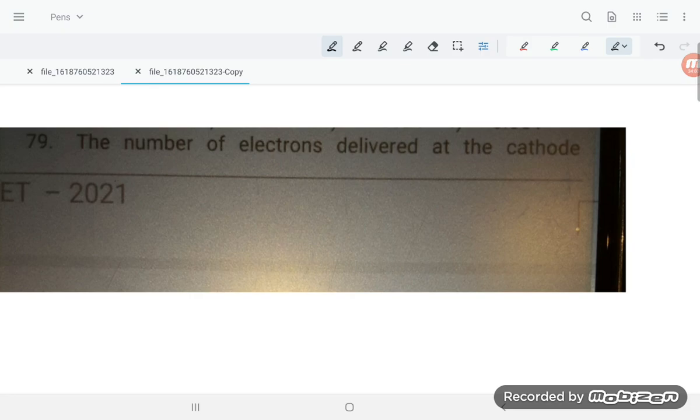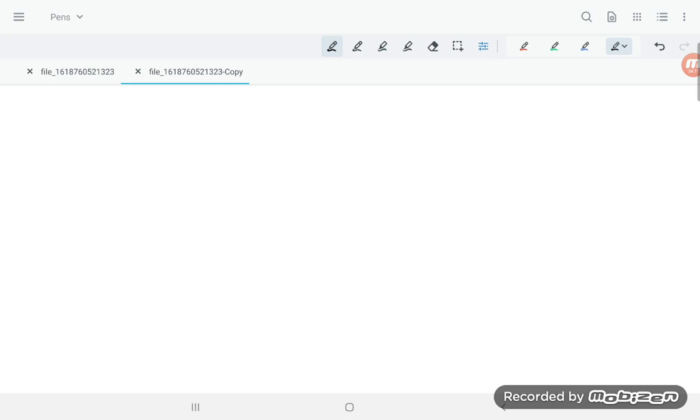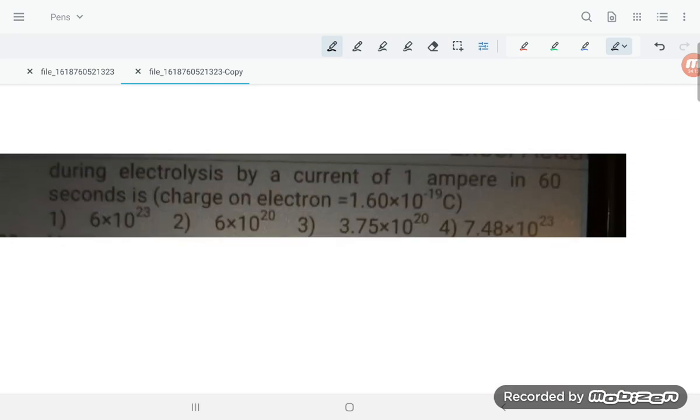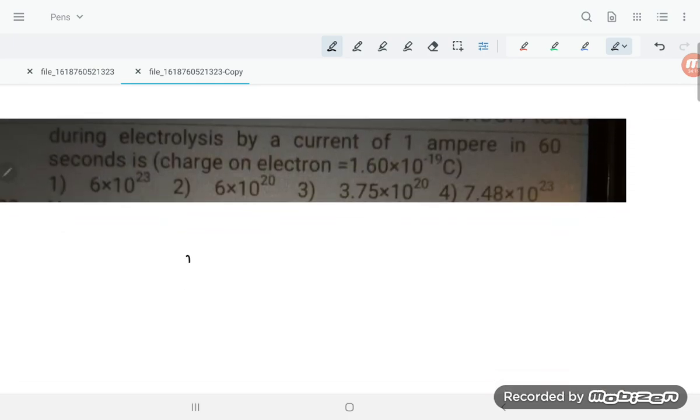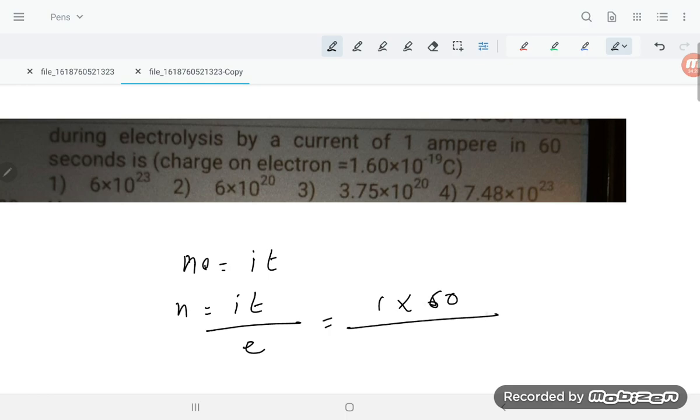79. The number of electrons delivered at the cathode. So that is the same formula we have to apply here. Ne is equal to It. So N is equal to It upon charge of electron. I is 1 ampere, time is 60 seconds, and charge is 1.6 into 10 to the power minus 19.